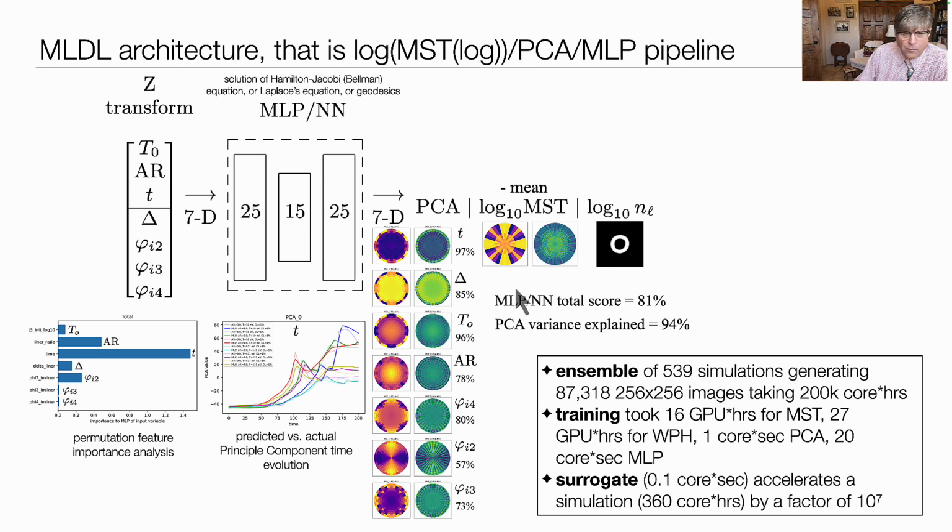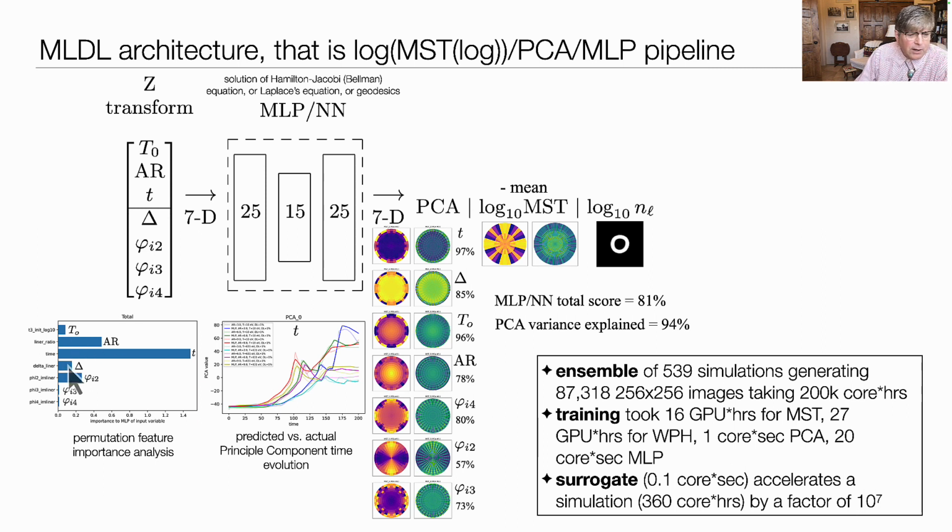It then took 1 second to do the principal component analysis, and 20 seconds to train this rather simple multi-layer perceptron that gave a surrogate model that takes 1/10 of a core second to evaluate, accelerating the 360 core hour MHD simulation, which is an acceleration of this surrogate of 10 to the 7th.